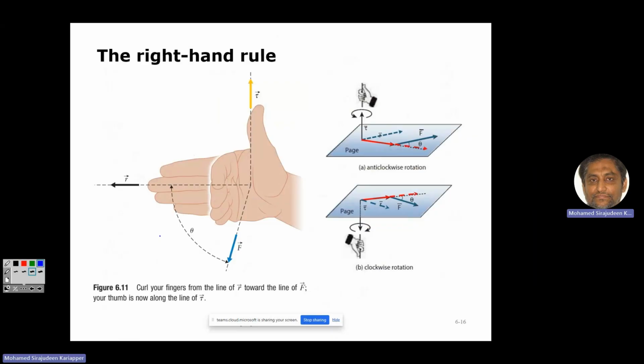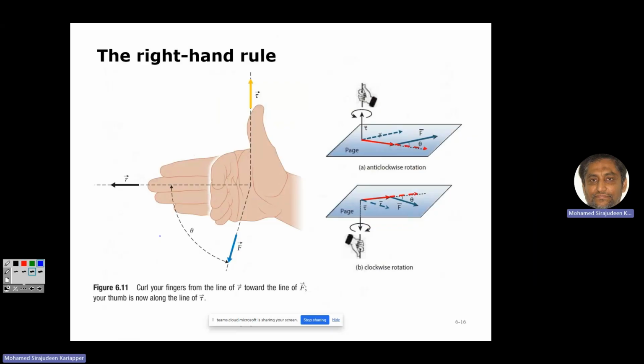Now, you keep it like that, then you take your right hand, not left hand. That's why it is called the right hand rule. And stretch your fingers in the direction of R. You can keep it like this, like this, like this. You have a choice, right? But keep it so that you can curl your fingers towards F. If you keep it like this, can you curl it towards F?